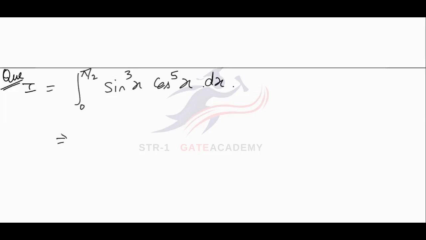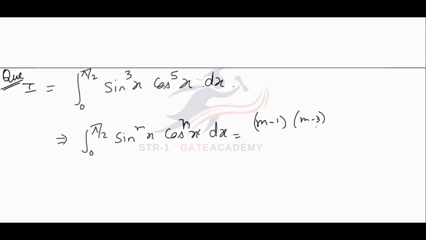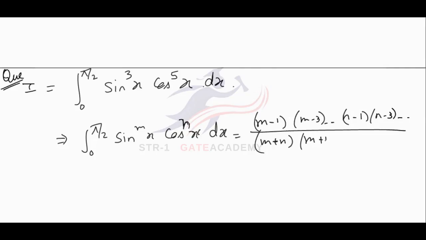It is of the format 0 to pi by 2 sine raised to mx into cos raised to nx dx. Remember? So it was m minus 1 into m minus 3 and so on into n minus 1 into n minus 3 and so on, divided by m plus n into m plus n minus 2 and so on into k.